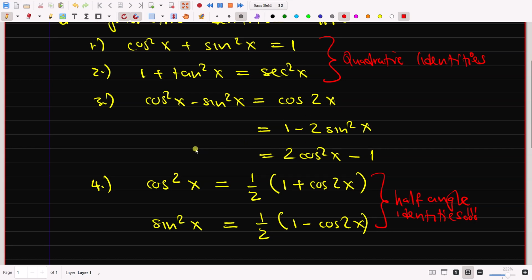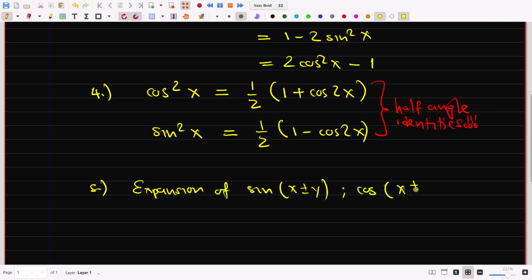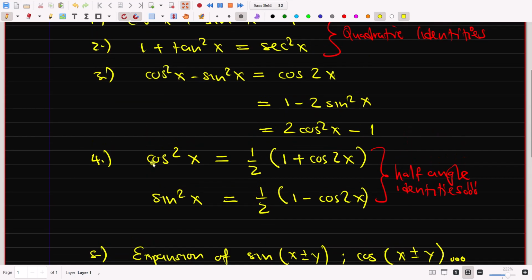And then the last thing that you have to know, number 5, when it comes to integration of trig functions, is expansions of sine of x plus or minus y and cos of x plus or minus y. Every time you have to do the integration of trigonometric functions, this is the preliminary content.